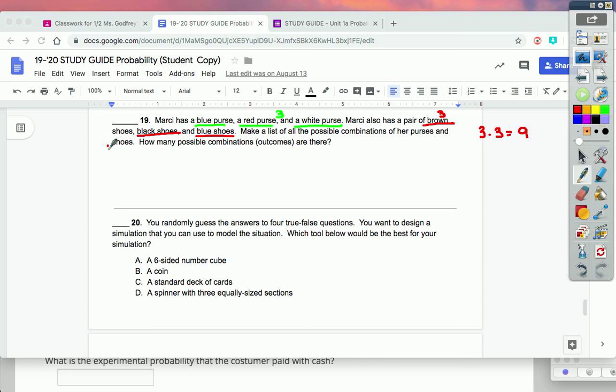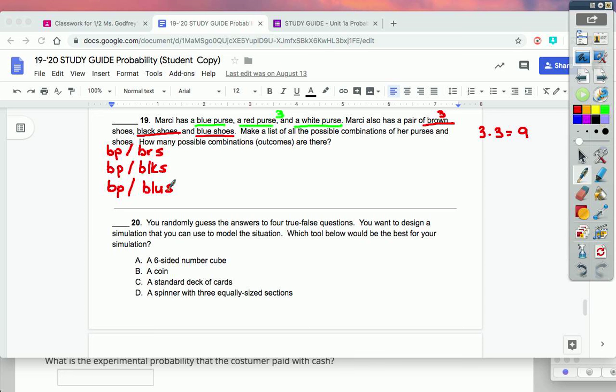So this is blue purse. I'm going to shorthand it. I'm going to change that because we have several ones that we use. So we can do a blue purse with a brown shoe. We can do a blue purse with a black shoe. We can do a blue purse with a blue shoe.